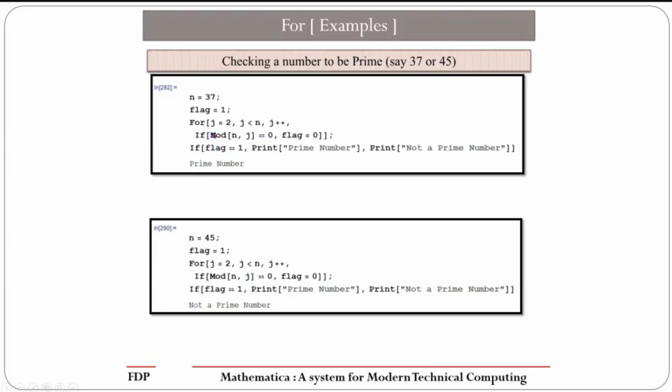So if it is 0, then what you should do, you have to do some type of flagging. What does the flag do? Flag is here 1. Flag is our variable name. You can put p also, you can choose t also.